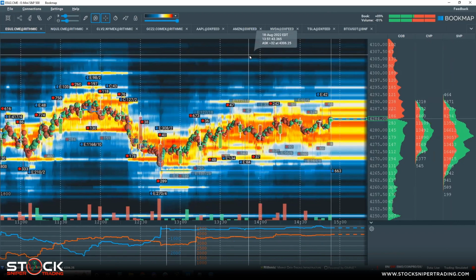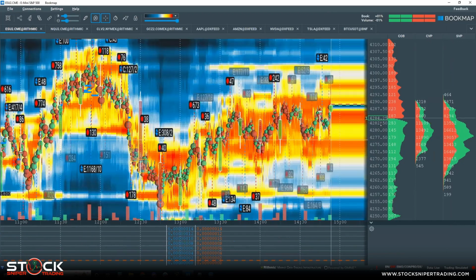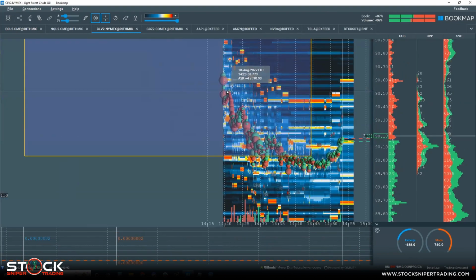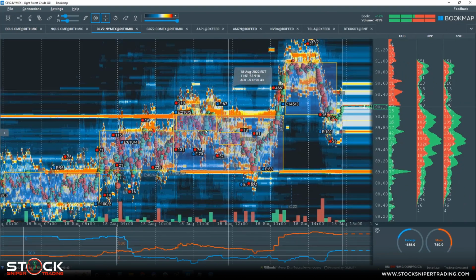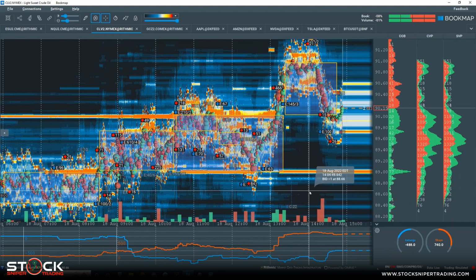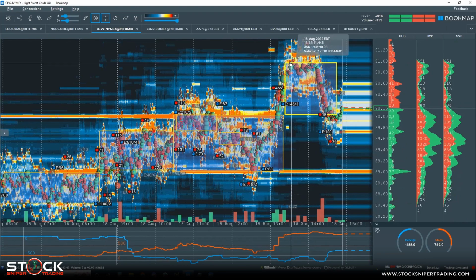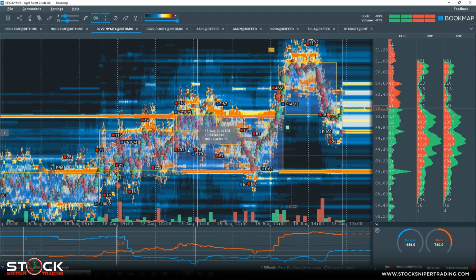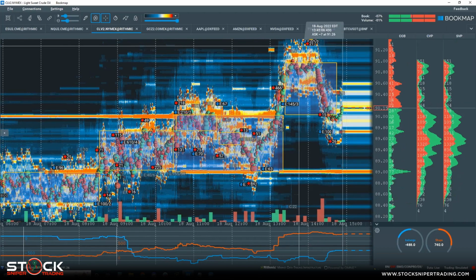That's the strength of Bookmap, being able to see all of this data at these lower time frames. We went through that crude oil example, and this is for the day. This would be a nice little swing trade here. We look at the target, 91, and why: measured move, liquidity, etc. So TradingView will not be able to show this.